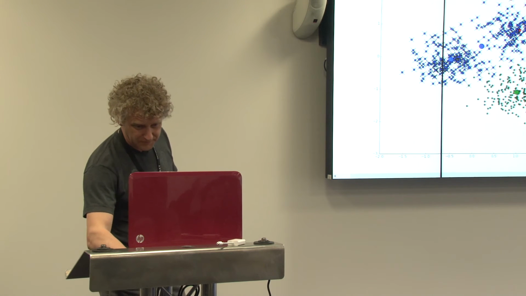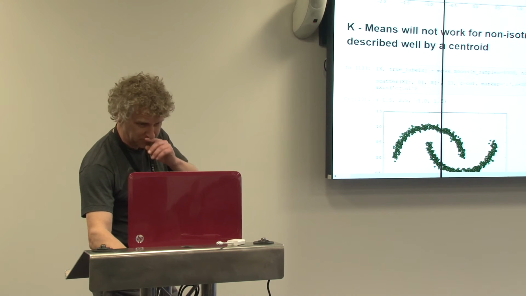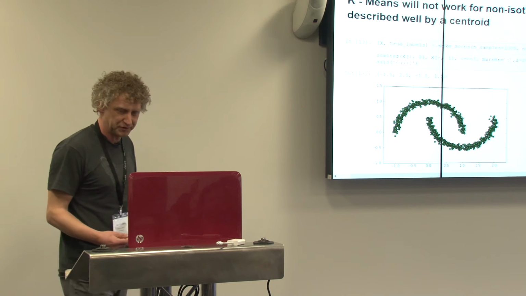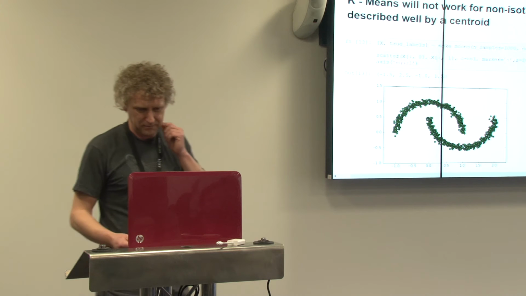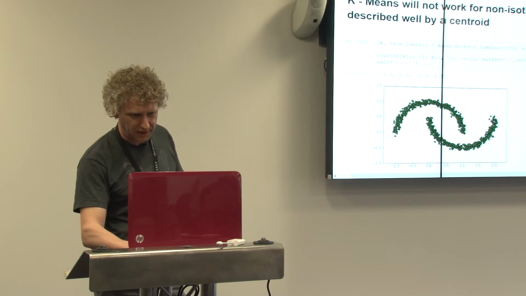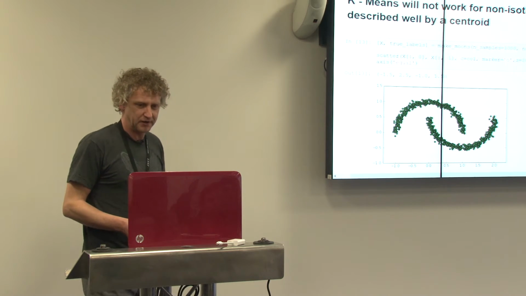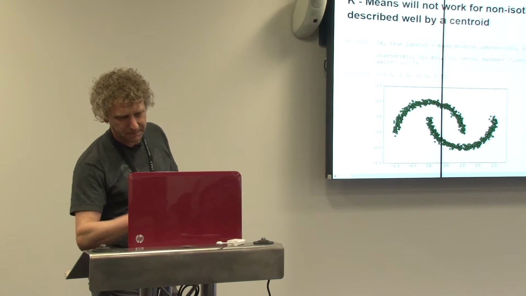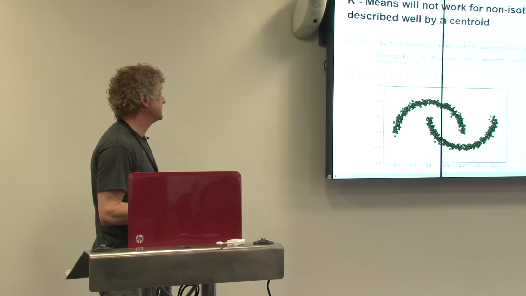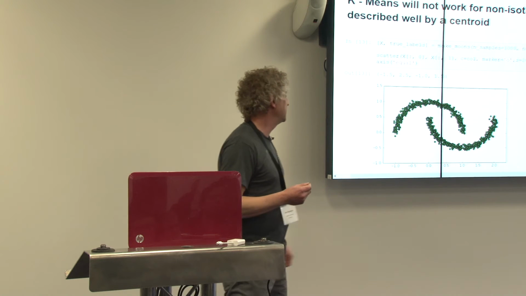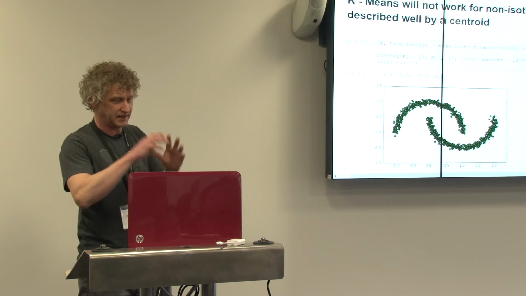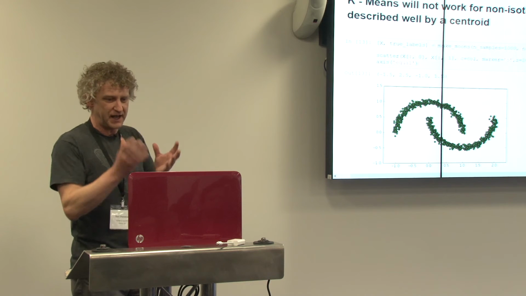One other thing that I should explain about k-means clustering before I move on to talk about some other aspects of the clustering approaches. K-means clustering, as I said earlier, makes the assumption that your data is well described by a centroid and an area around it.